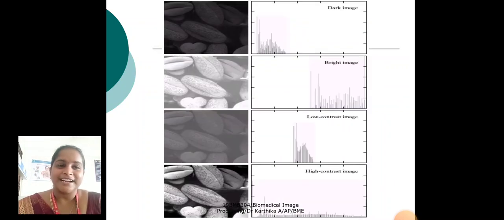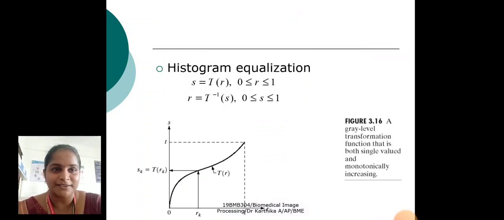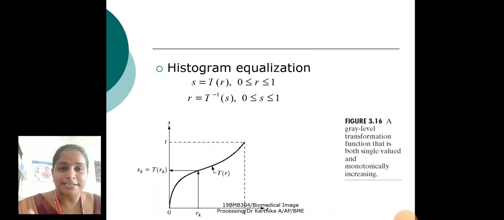This diagram shows the dark image, bright image, low contrast and high contrast image. In histogram equalization, the input image s is equal to the transformation of r, T of r, where r ranges from 0 to 1, and then r is equal to the inverse transformation of s, which ranges from 0 to 1.